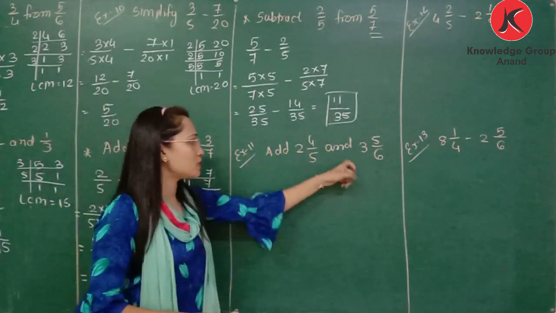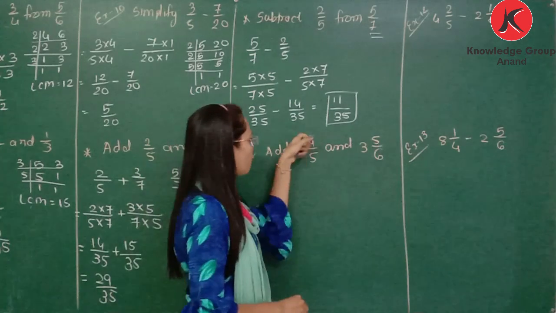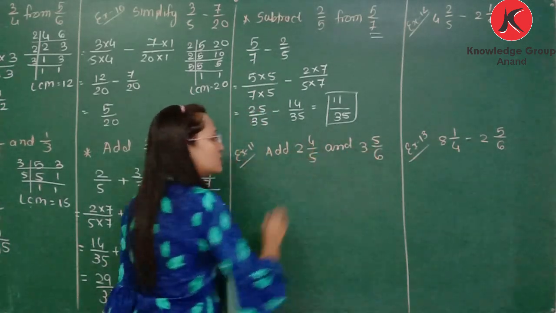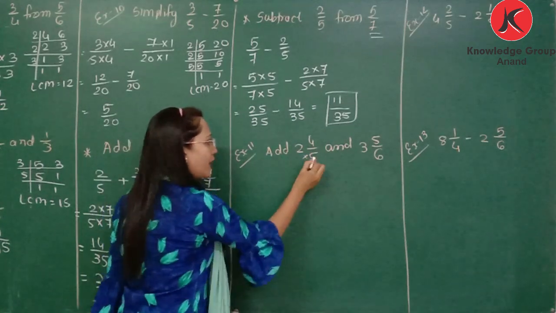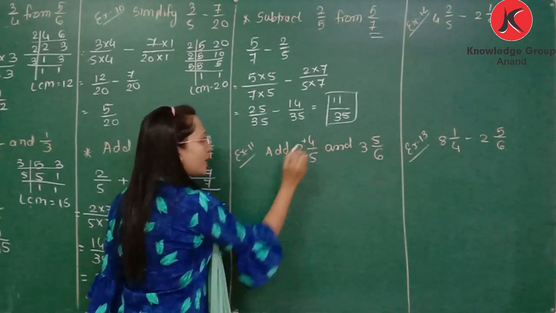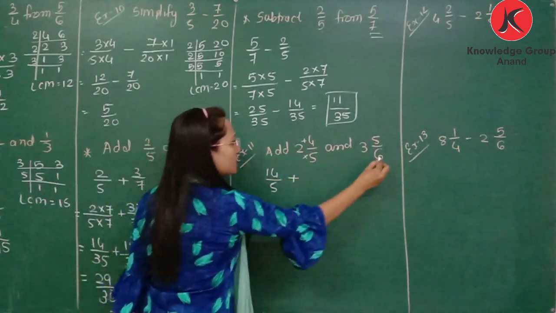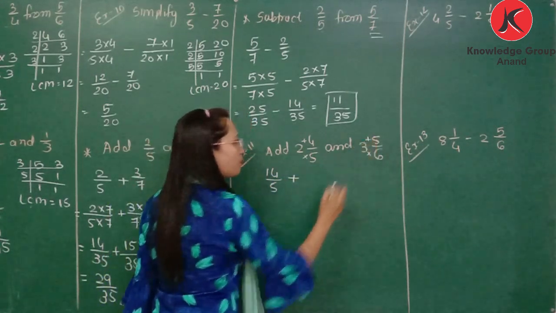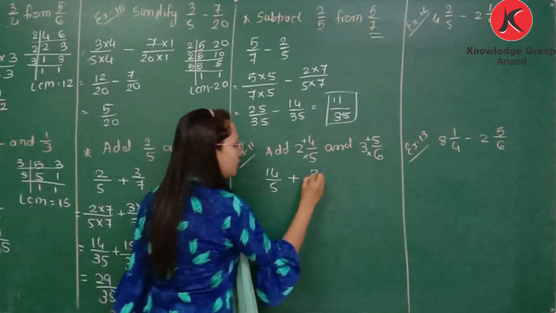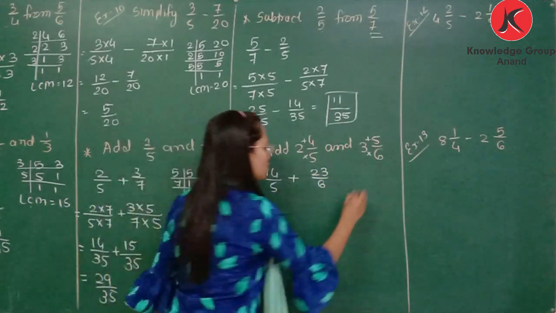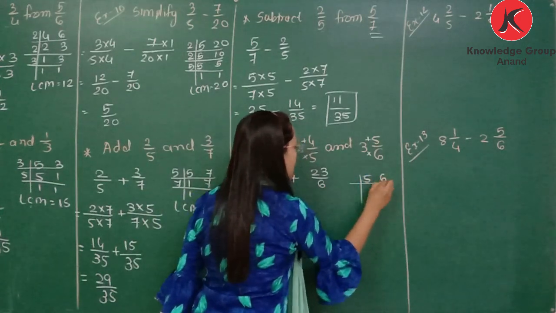Now next, here mixed fractions are given. Add 2 4 by 5 and 3 5 by 6. So first convert these into improper fractions. Multiply 5 2s are 10 plus 4, that is 14. And 6 3s are 18 plus 5, 23. Now the LCM of 5 and 6. So let's take the LCM of 5 and 6.